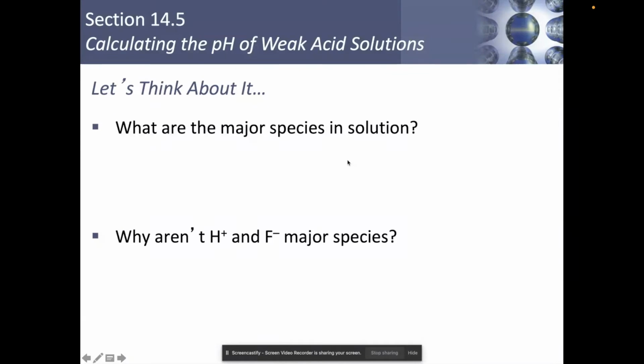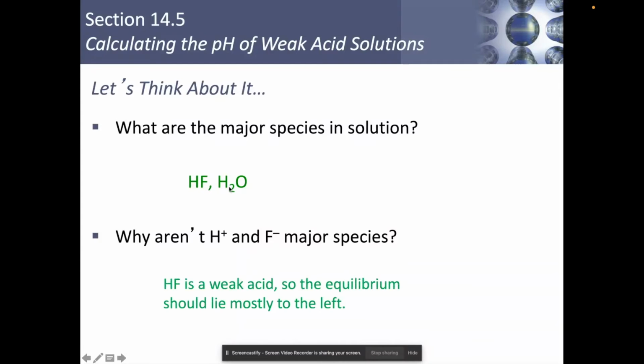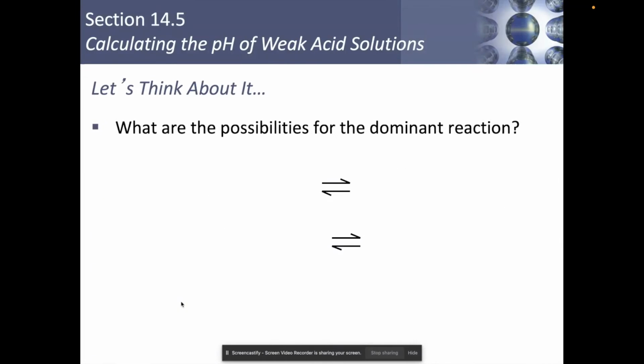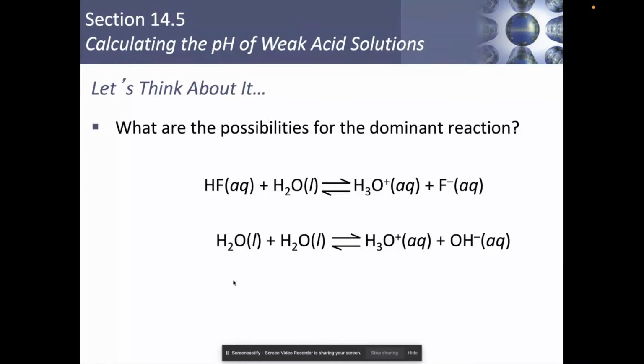What's the pH? We need to go through all of the steps. What are the major species in our solution? HF and H2O. Again, it's a weak acid, which means our reactants are going to be the major contributors, so we're going to have a mostly reactant-favored equilibrium. I do need to write a balanced equation for this. Again, we have two choices.